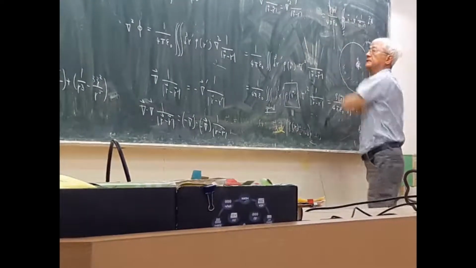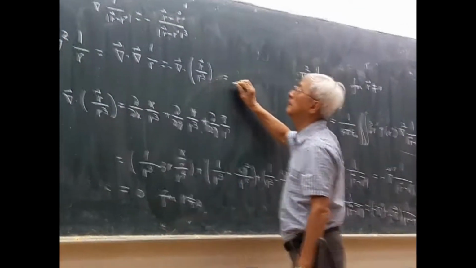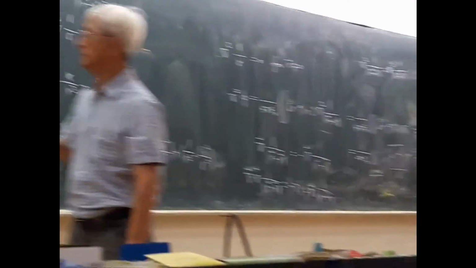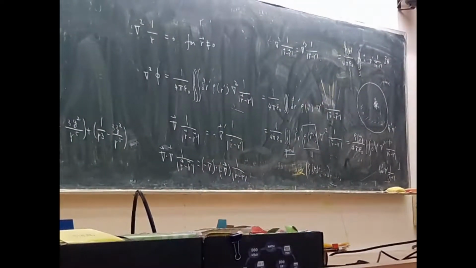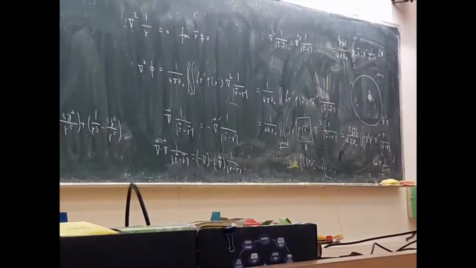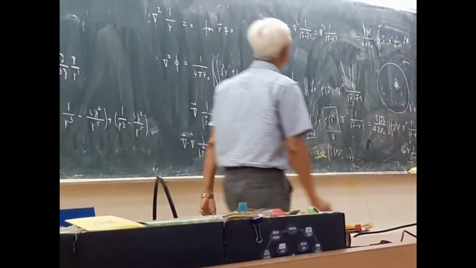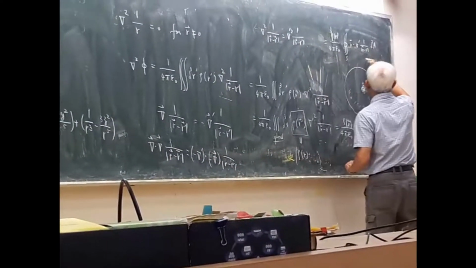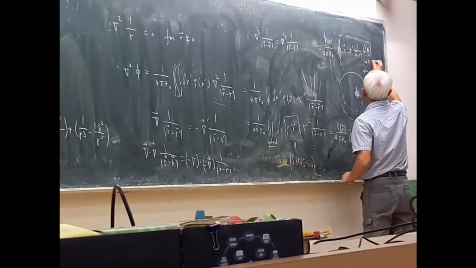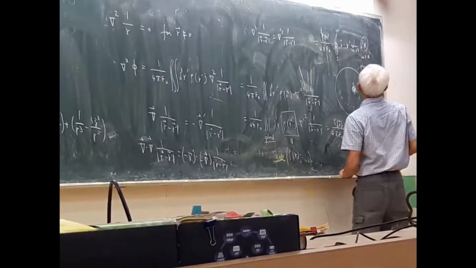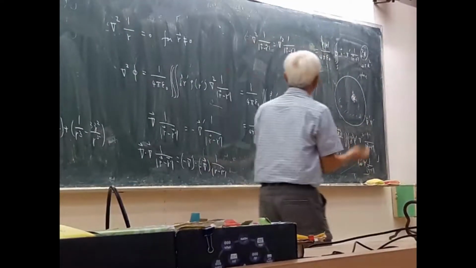What is this? This is actually R squared R. The radius, the area of that is 4 pi a squared, where a is the radius.